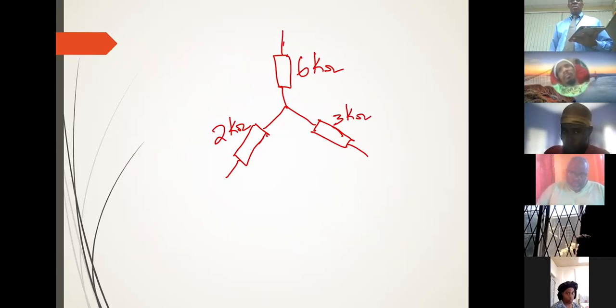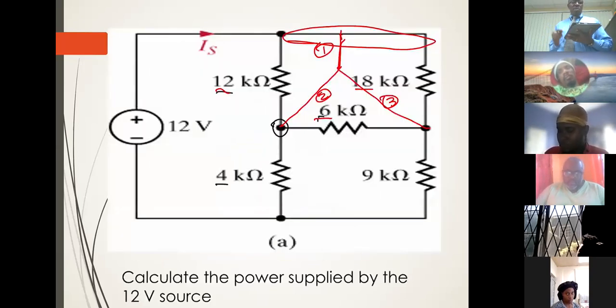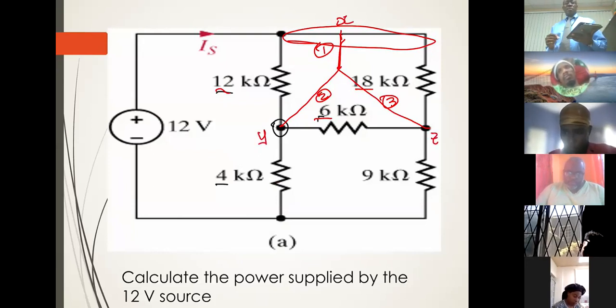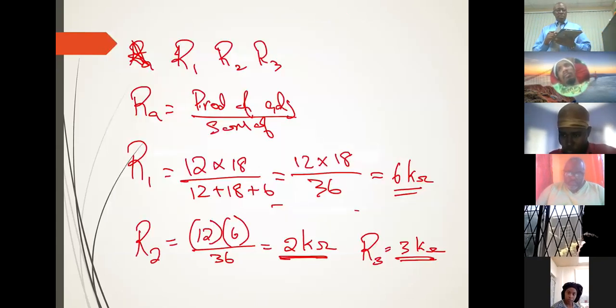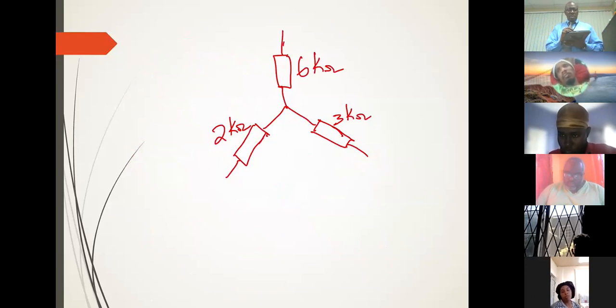Let's look back at the original circuit. Yes? Here's the original. And I'm going to put some terminal points for these 3. So I'm going to call this X, I'm going to call that Y, I'm going to call that Z. So X, Y, Z. All right? I'm going to put them now back here. This was X, that's Y, and that's Z. Fair enough?